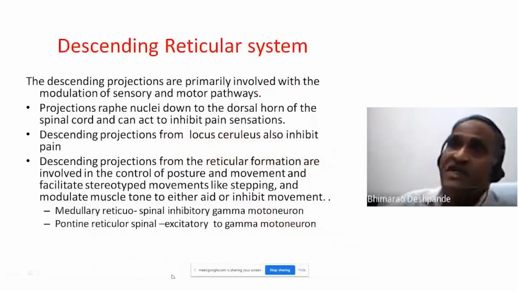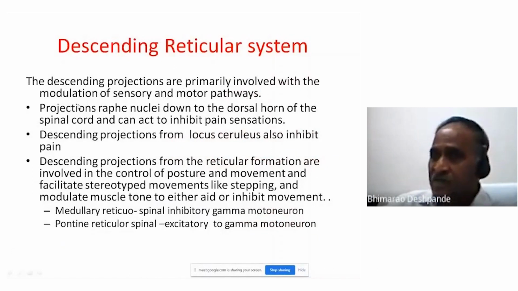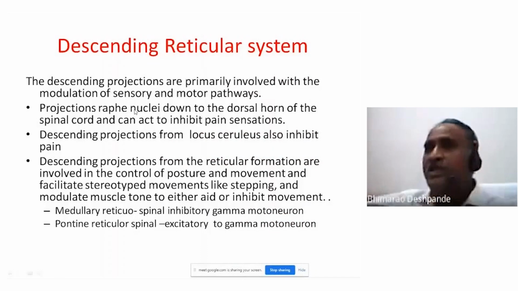Now, the descending reticular system. The descending reticular system is primarily involved with the modulation of sensory and motor pathways. Projections of the raphe nucleus descend to the gate of the gate theory.